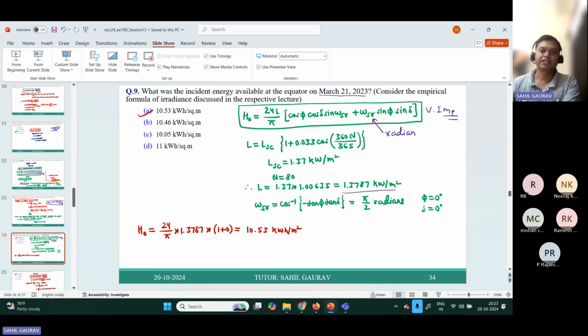So this value you have to take in radians. You cannot take omega SR in degrees. And this value should be within -1 to 1, because cos and sine vary from -1 to 1. Sorry, -1 to 1, not 0 to 1.